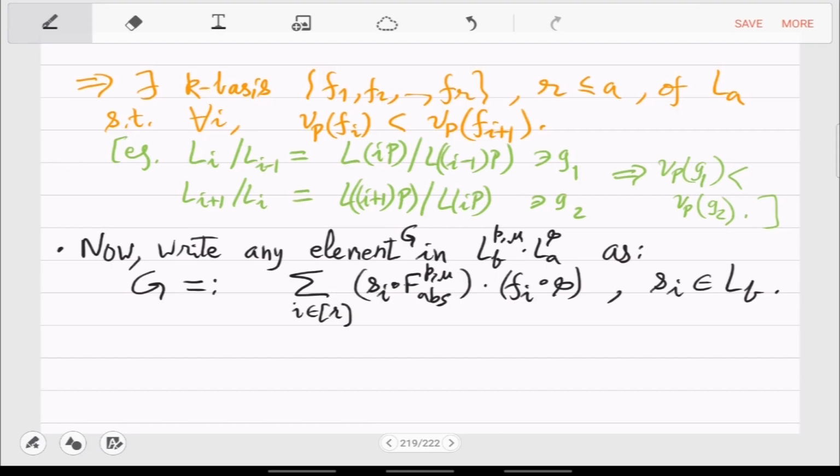It's not really a dot product, it is just simply a product. I am just writing in terms of the basis of the second component, which is F1 to Fr. So the coefficient of Fi is Si. I am just collecting the coefficients together, that's all.